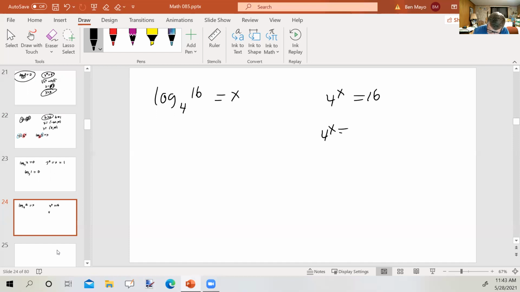So for instance, I could take 16 on the right side and write it as 4 squared. Well, 4 to the x power equals 4 to the 2 power. Therefore, x equals 2.